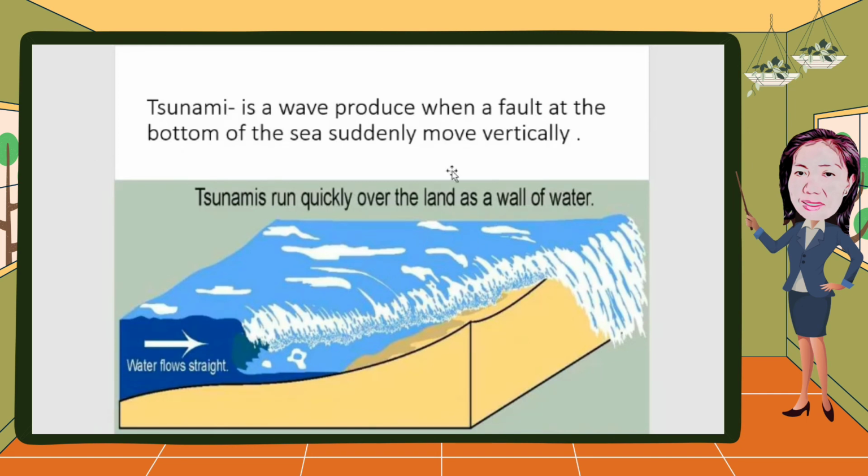So, actually, there is also a fault under water, in the oceanic crust. So, when there is a vertical movement of the fault in the oceanic crust, meaning yung sea floor, the tsunami is produced. Tsunami is a very big wave that is different from a wave produced by the wind.